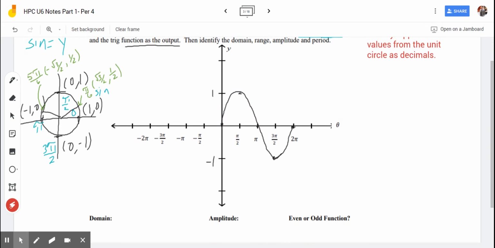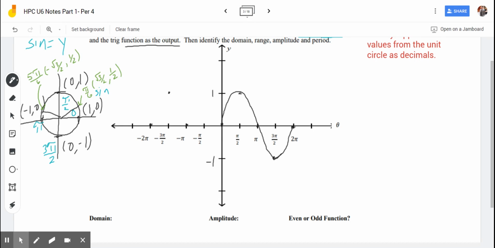Because it's going to be a cycle, at -2 pi we're also going to be at 0. At -3 pi over 2 is essentially the same thing as pi over 2, because that's its coterminal angle. At negative pi, we're going to be at 0.